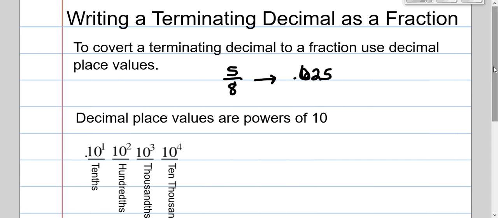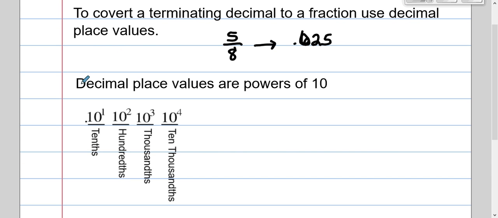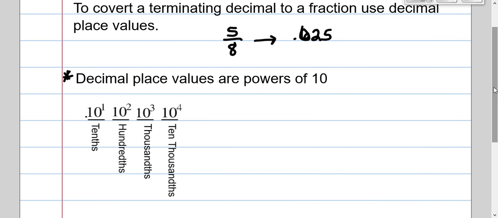To do that, you're going to need to use decimal place values. The decimal place values are actually powers of 10. That's how we got the decimal place names.